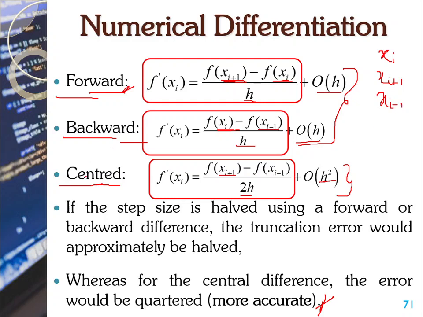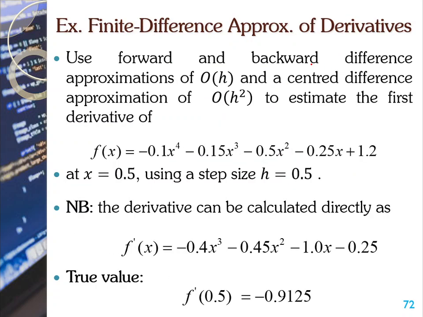For the center, we need only a future value and a past value, with the present value here and the past value here. So once we have these three estimates, we can estimate whether it is the forward, the backward, or the center.